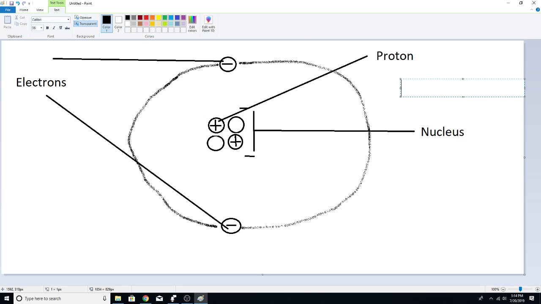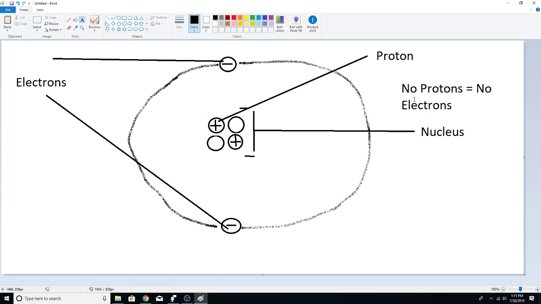In fact, number of protons equals number of electrons. Here, "no." just means number. So that's for a neutral atom. If the number of electrons or number of protons changes, that's what we would call an ion. But I'll talk about that in another video.